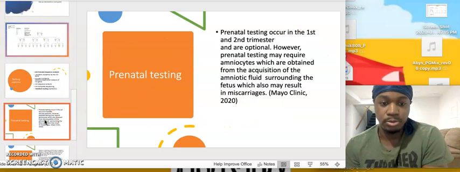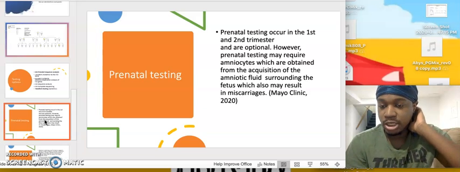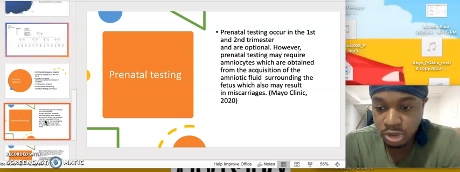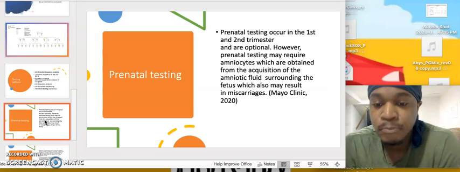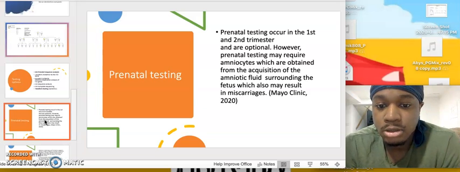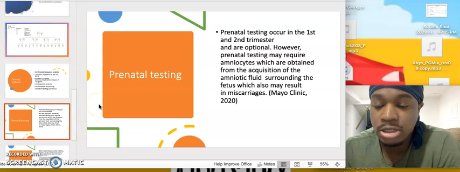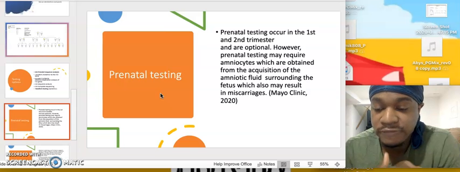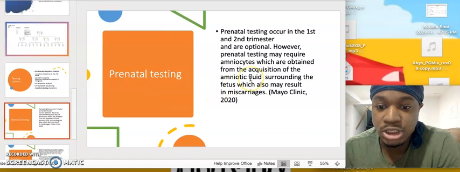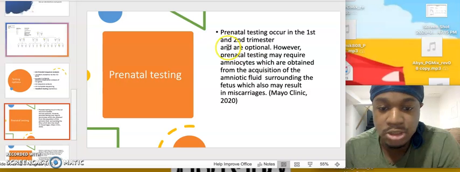The prenatal testing occurs in the first or second trimester. It's optional, and the testing requires amniocytes, which is obtained from the acquisition of the amniotic fluid that surrounds the fetus, which may result in miscarriages.